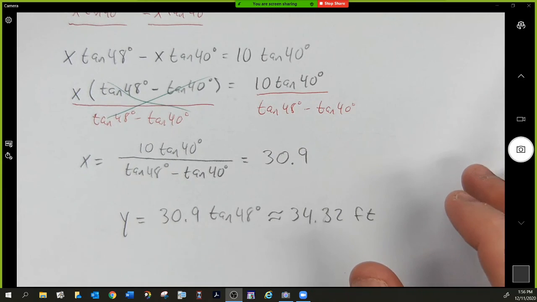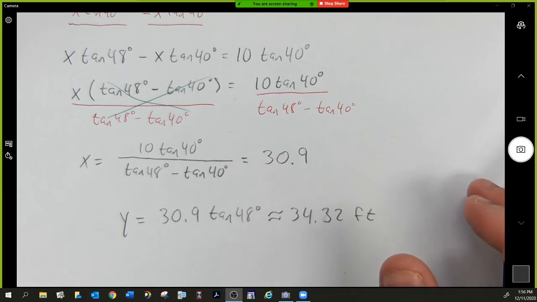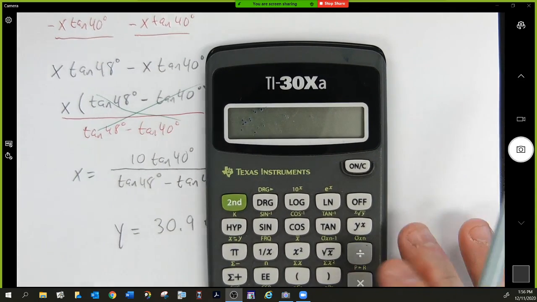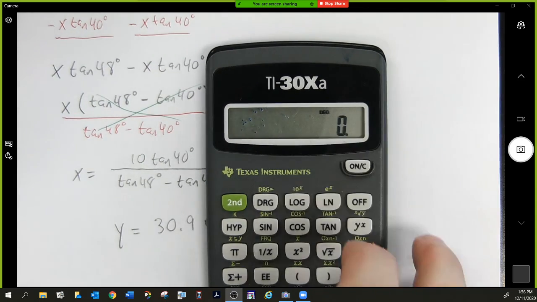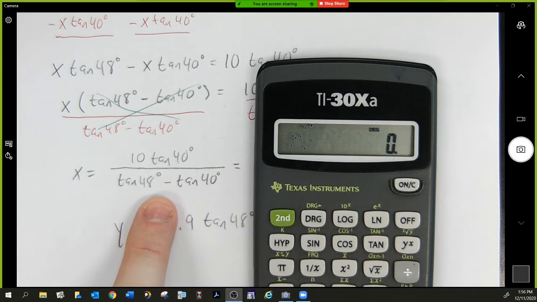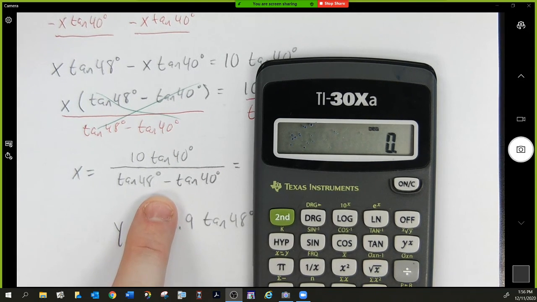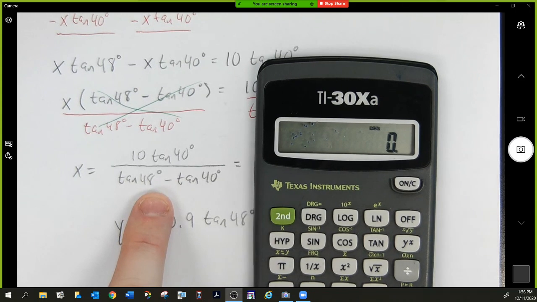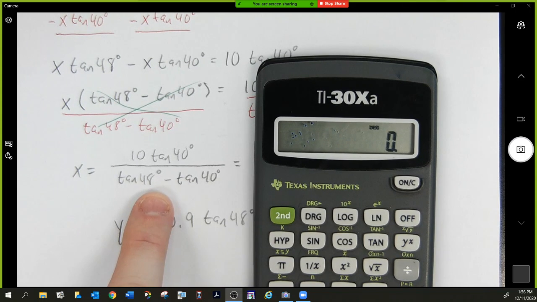Okay, here we go. This is how you do it on the TI-30XA. Are you ready? Okay. First of all, it has multiple things on the bottom, does it not? Do you know how to use the parentheses command on this thing? You do? Yeah, but are you good at it? So here's how I would do it.